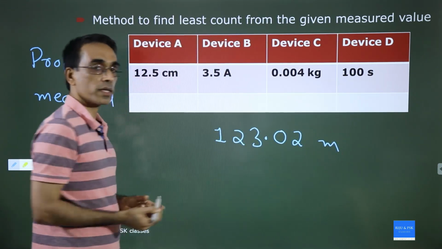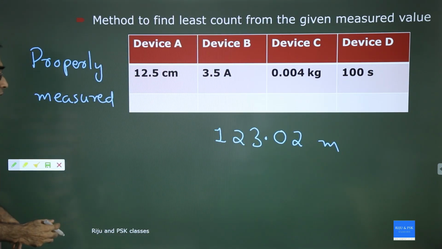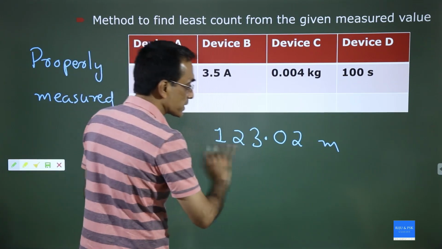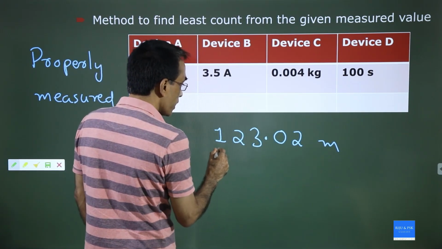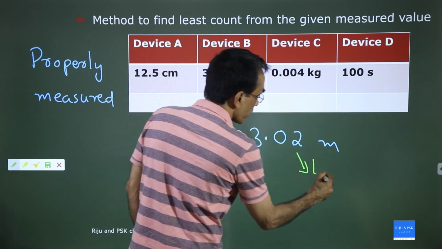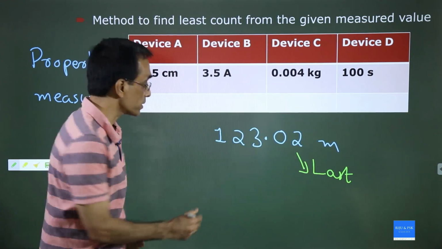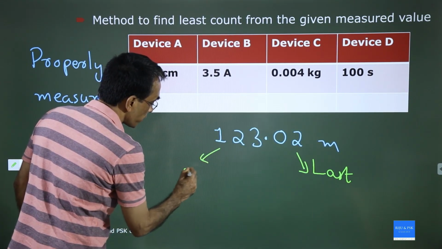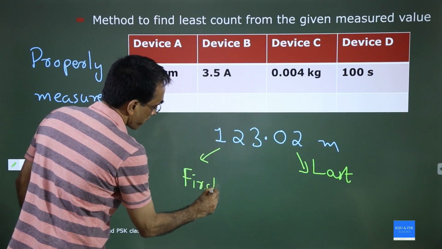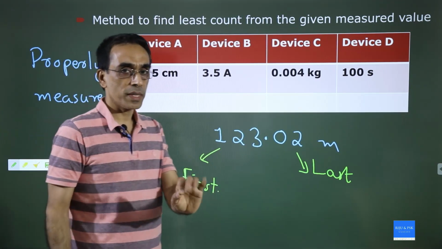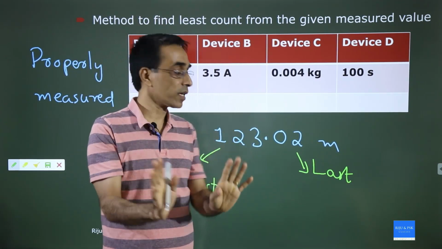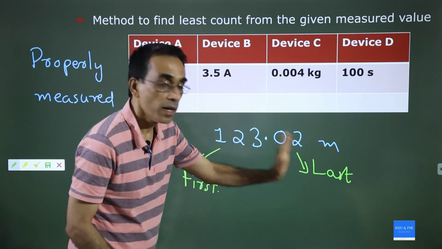Then when I say the digits, I'll say this is the last digit and this is the first digit. No mathematical meaning, this is for simplicity and convenience.